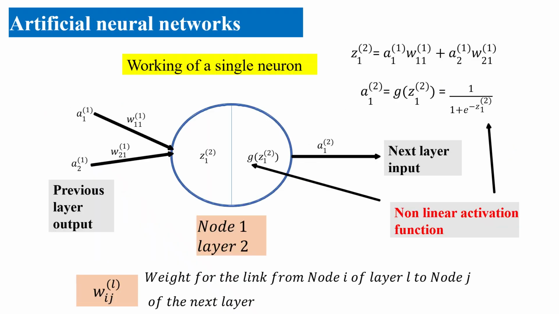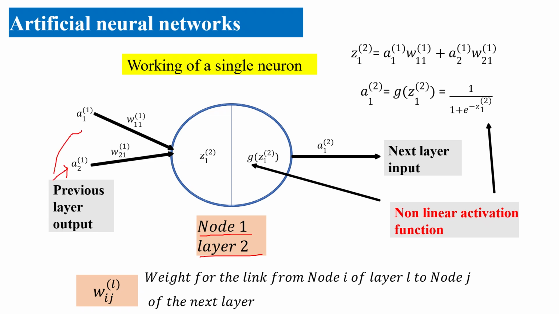Now we look into the working of a single neuron. It is a very simplistic example, but it conveys how the computations go on in every neuron in our neural network. This is, as per the nomenclature, node 1, layer 2. The superscript in brackets is the layer number, the subscript is the node number, and these are the previous layer inputs.